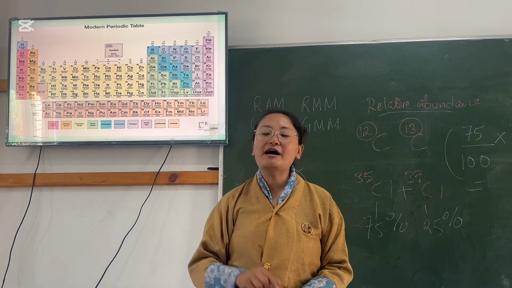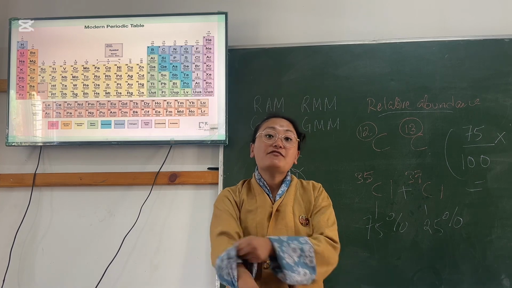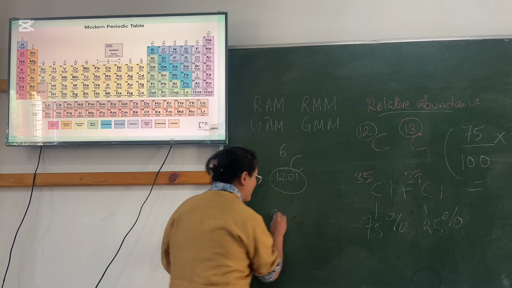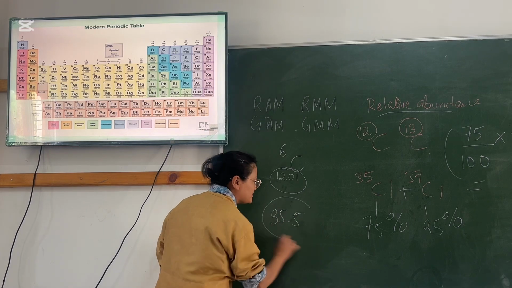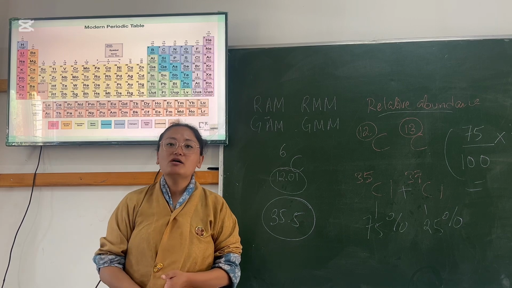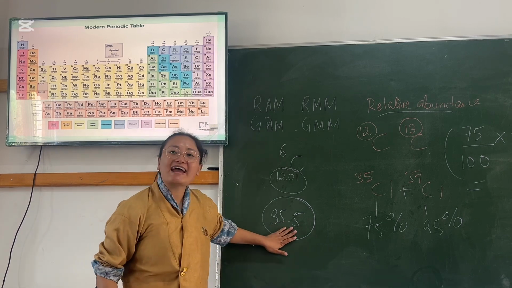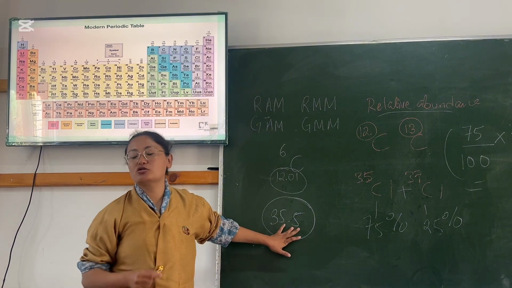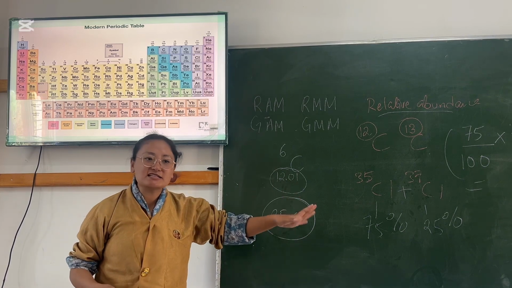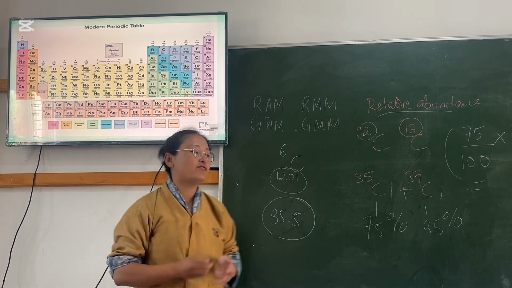Now, 35.5, is that the actual weight of an individual atom? No. This is not the actual weight of that individual chlorine atom. It is the weighted average mass, but the scientists took one step further.